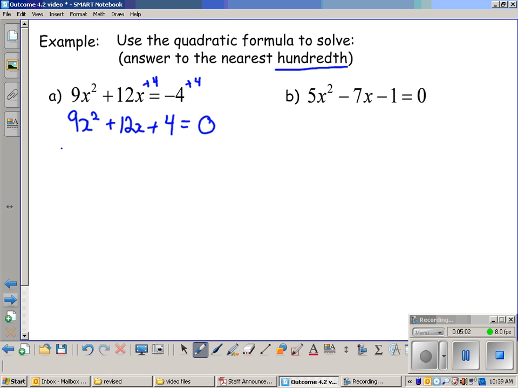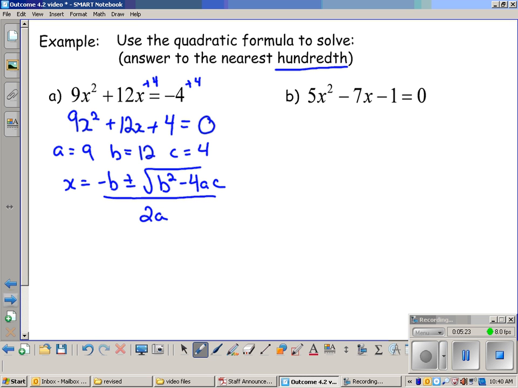I now have that A is equal to 9, B is equal to 12, and C is equal to 4. When I substitute it into the quadratic formula, negative b plus or minus the square root of b squared minus 4ac all over 2a, here's what we get.